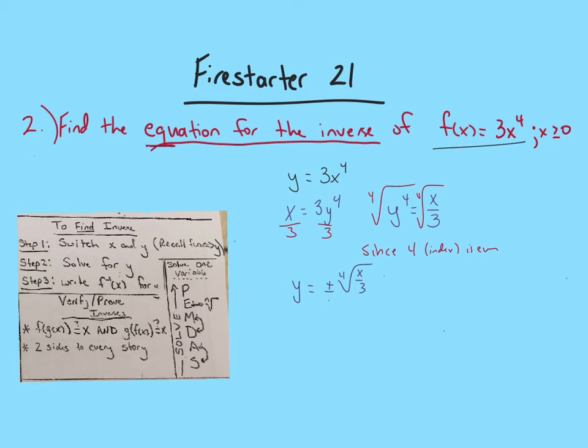Now, when I put the condition on x back in, this is what tells me whether I use the positive or the negative. If that is greater than or equal to, if that's positive, I use the plus sign here. If this changed and it said less than, then I would use the negative.